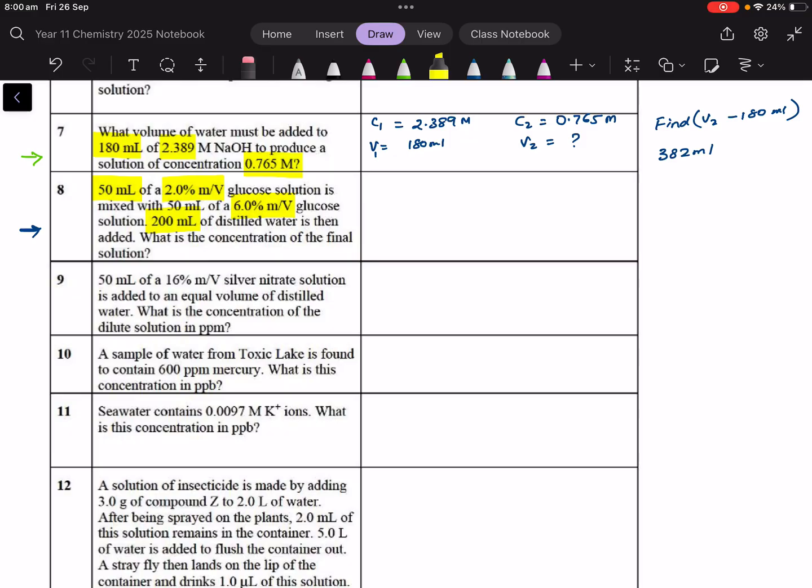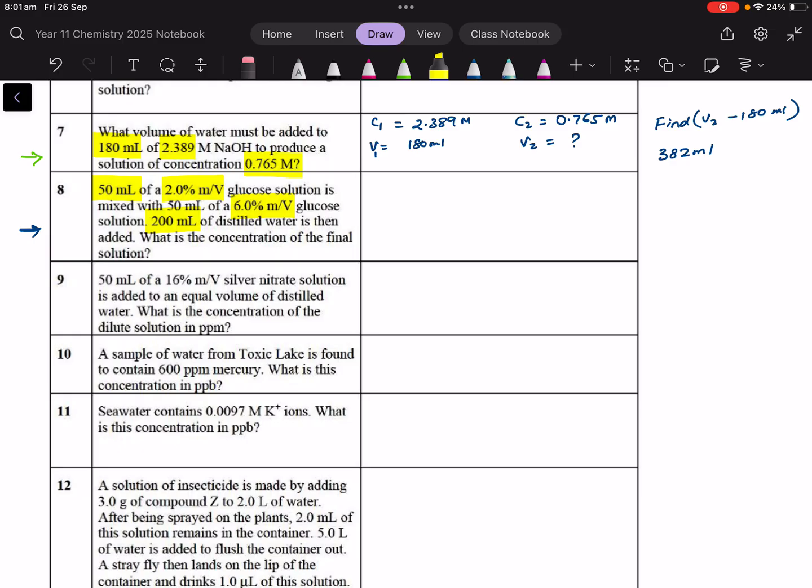So basically you're going to firstly add up your total number of the mass that you have in the solution.